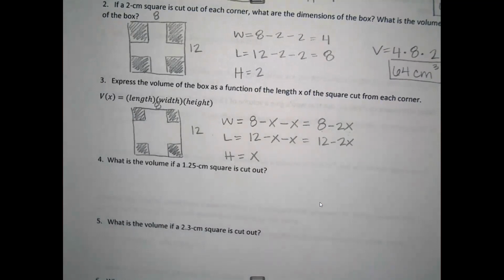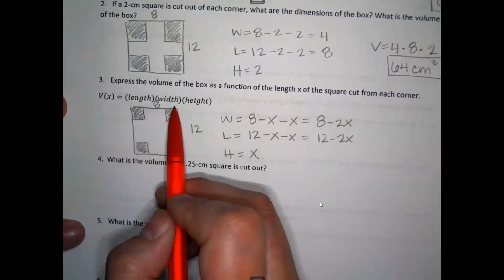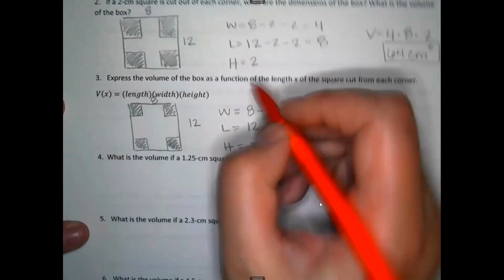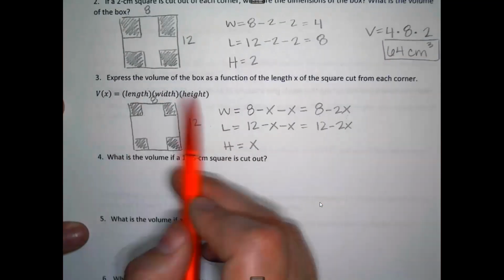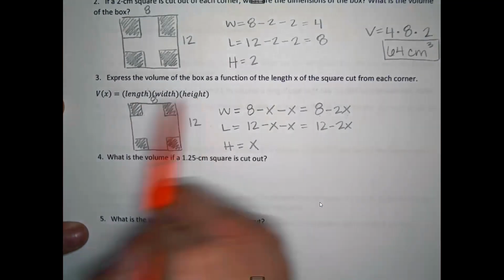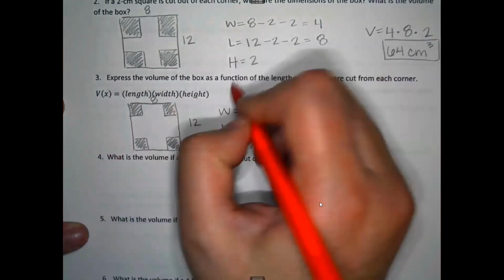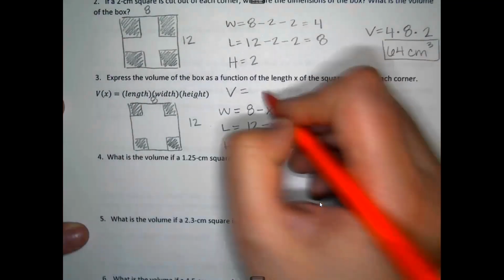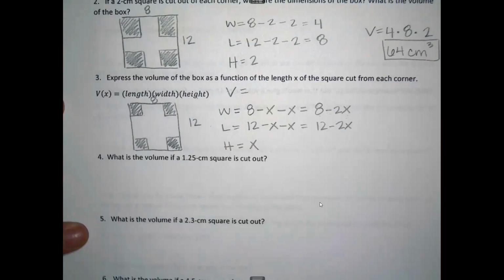Okay, so we're going to write this formula now. They said V of x, the volume equals length times width times height. We already knew that, right? Volume is length times width times height. So we're going to say the volume is length times width times height. It doesn't matter which order you put these in.